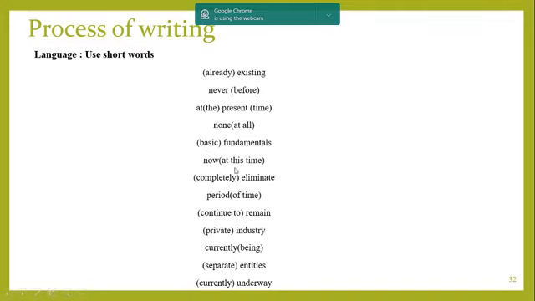Instead of at this time you can use now. Completely eliminate. Like this you can find usage of short words online, in the dictionary or thesaurus. Try to use them, because once you get familiarized, then you can write them in your paper.